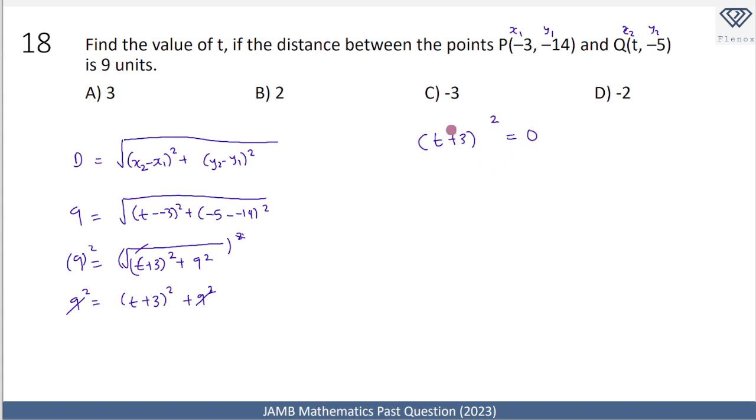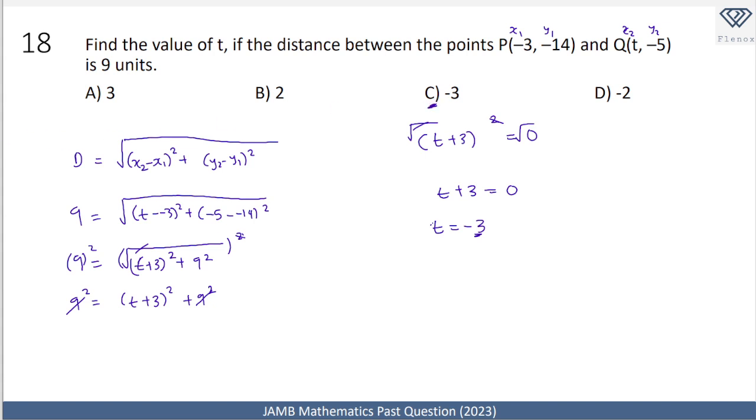What can I do? I can find the square root of both sides. Now the square root takes care of this square, and I'm left with t plus 3 is equal to 0, and t is just going to be minus 3. So the value of t is minus 3, and that makes C the correct option.